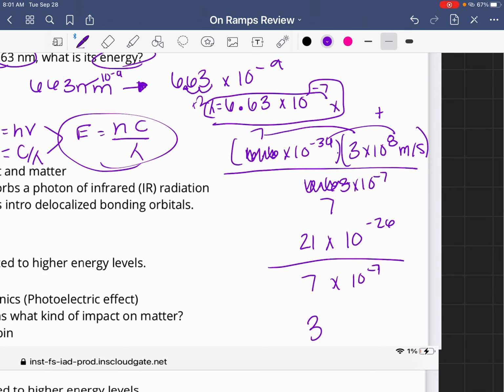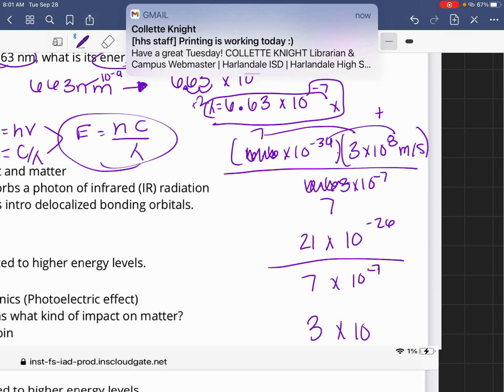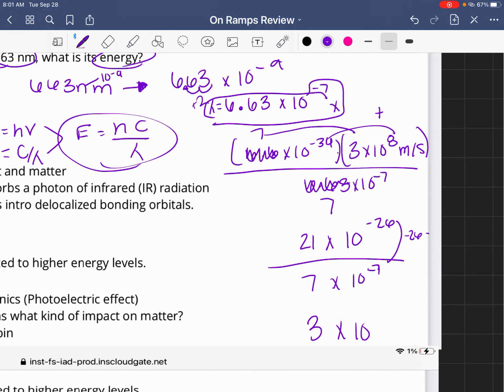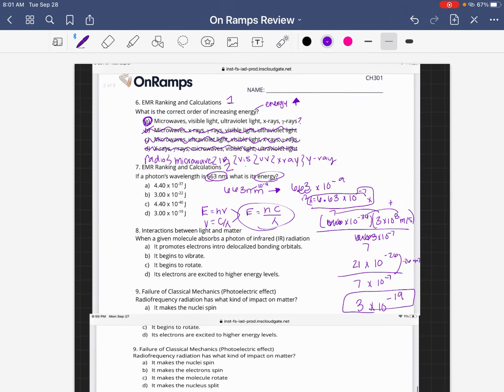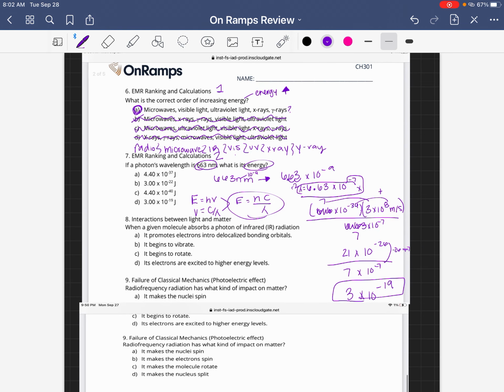Okay, 21 divided by 7 is 3 times 10 to the negative 26 minus negative 7, double negative, add. So negative 26 plus 7, you're going to get negative 19 as our energy. 3 times 10 to the negative 19 is correct.